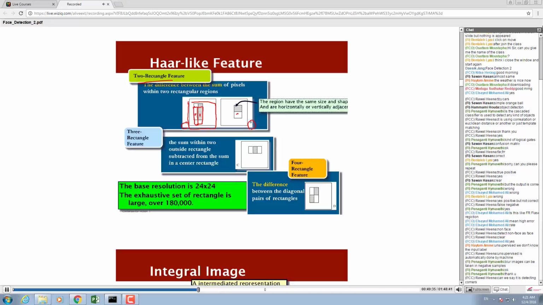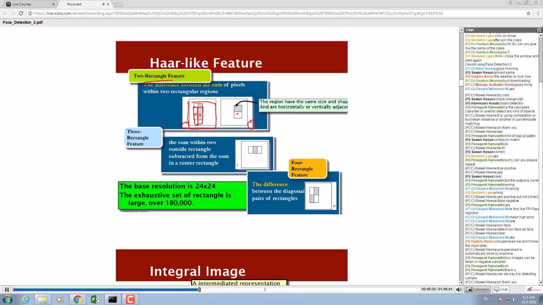Your question is about detecting corners, but this is not about corners. In this way, we can respond to corners a little bit, but it is not designed for corners, so we cannot detect corners this way. We have other corner detectors for that. It's a good question. Corners are local point features, right?